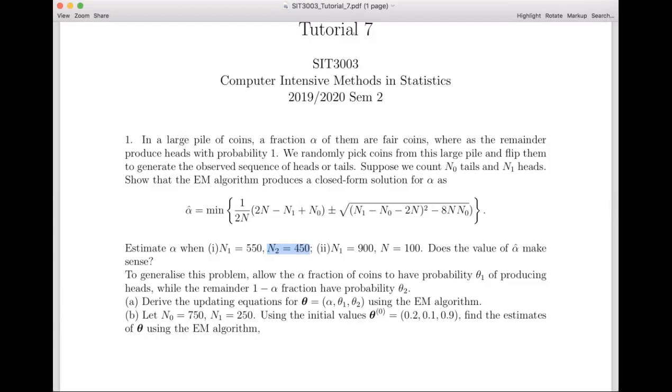So if almost half of your coin tosses are tails, is alpha close to 1 or close to 0?